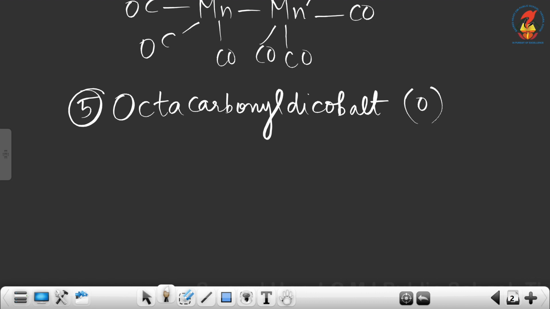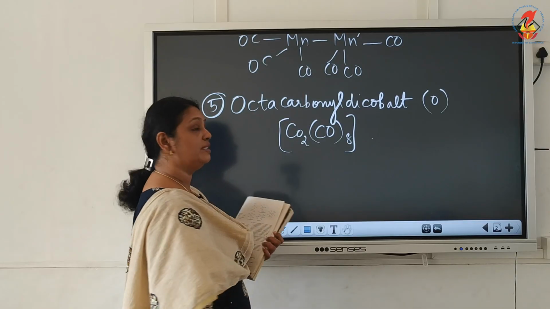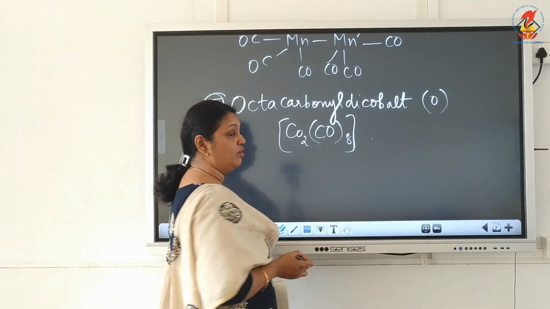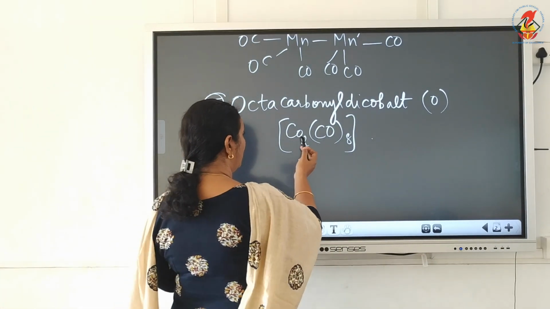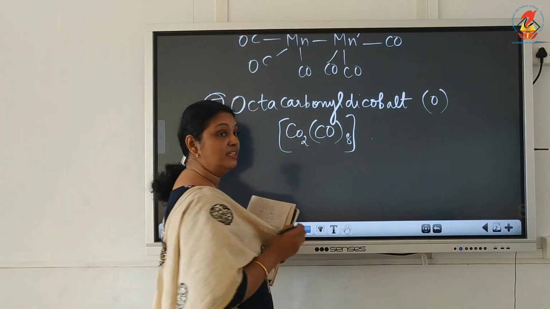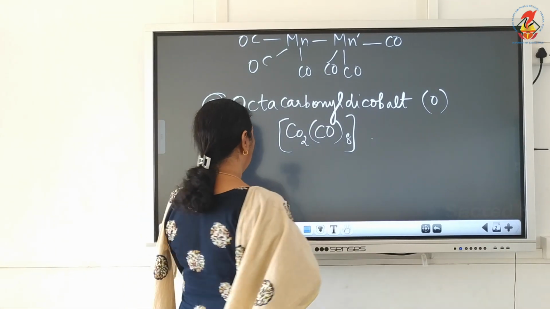The formula is Co2(CO)8. Here Co for cobalt is written with capital C and small o, and the carbonyl CO has both capital letters, carbon and oxygen. So this is the formula of the compound.